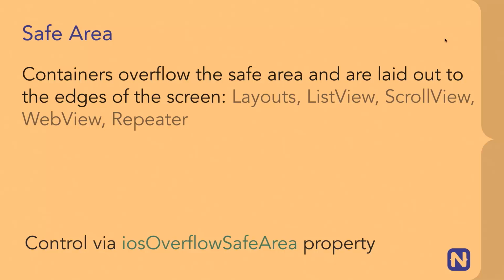This property is equal to true for all the layouts and all the containers, and it's equal to false for all the views, like button, label, everything that could be put inside a container. And you can change the value of the property depending on what you want.